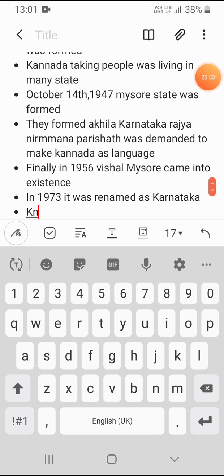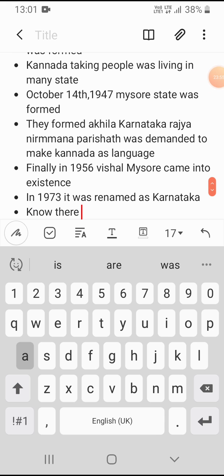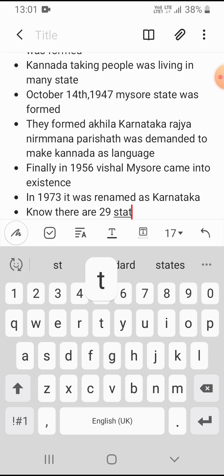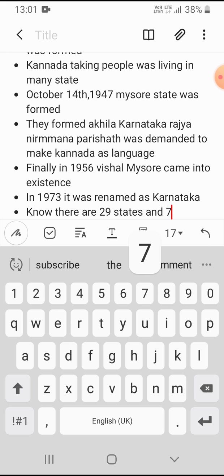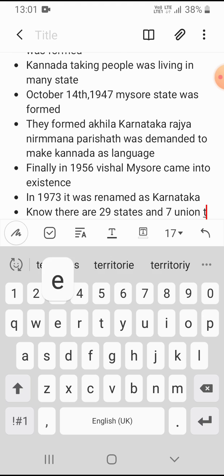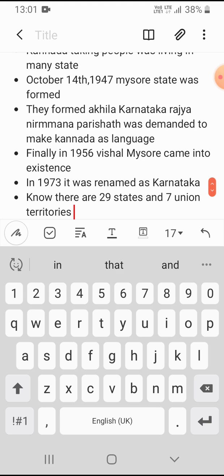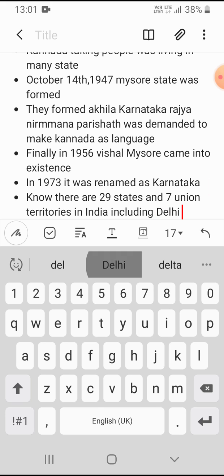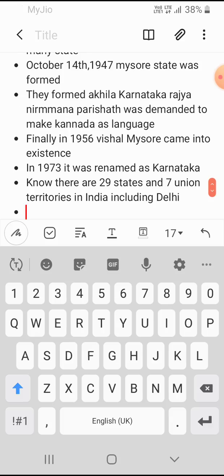So now there are 29 states and 7 union territories in India, including Delhi.